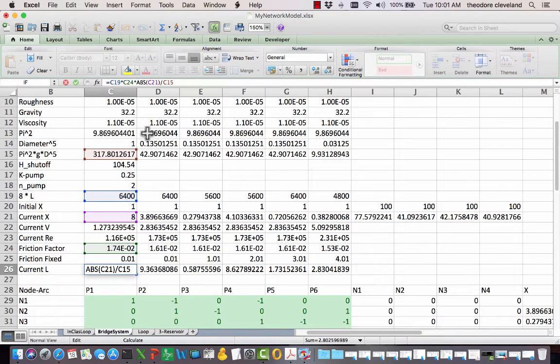And the expression is, this is equal to the value of shutoff head divided by the current pump rate plus the pump constant, actually it's minus the pump constant, times the pumping rate.